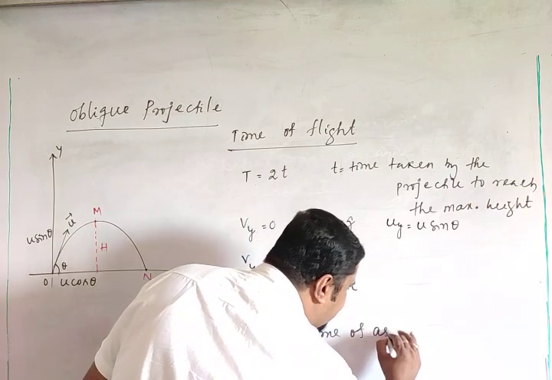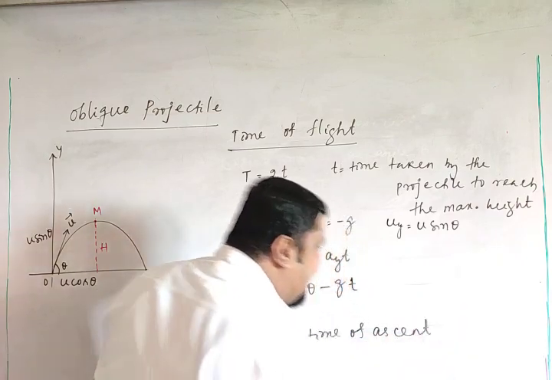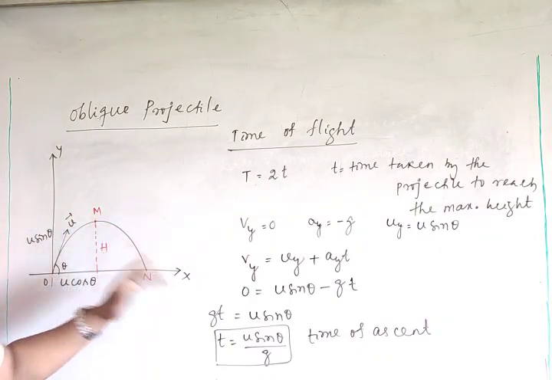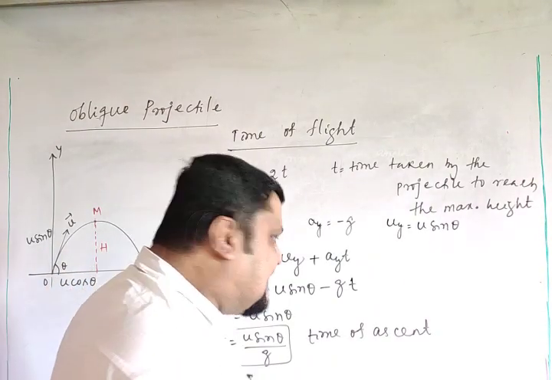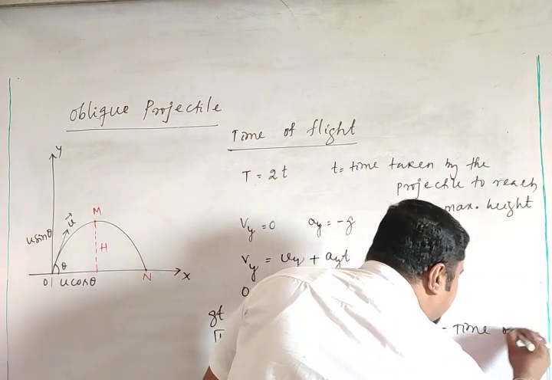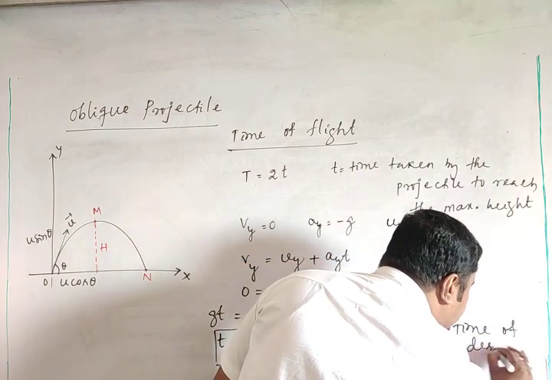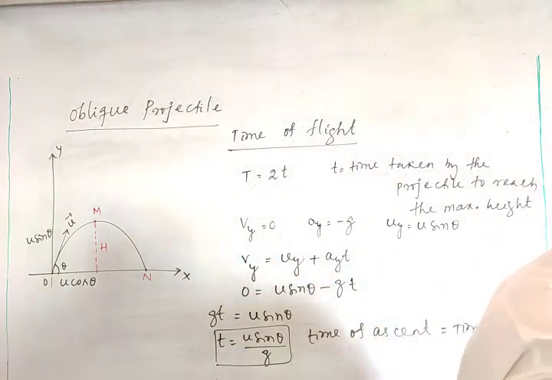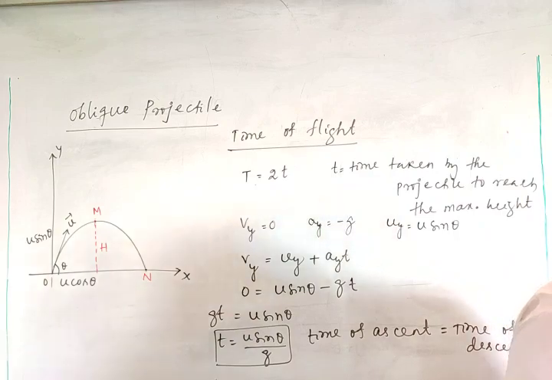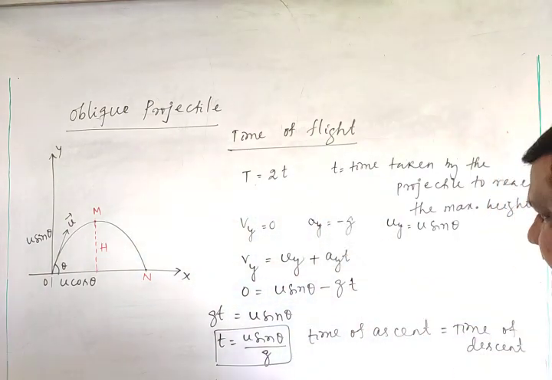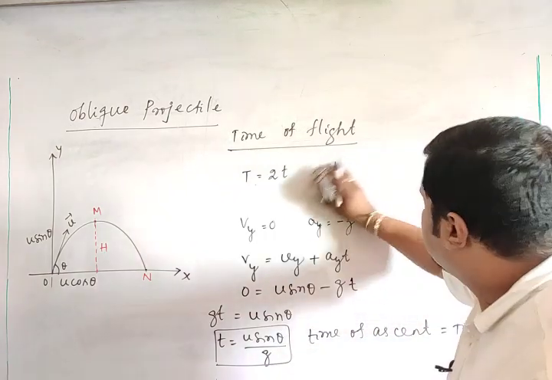And as you know, it is symmetric about this line. Time of ascent is equal to time of descent. So this is the time of ascent, which is also the time of descent. But my point here is, what is the time of flight?